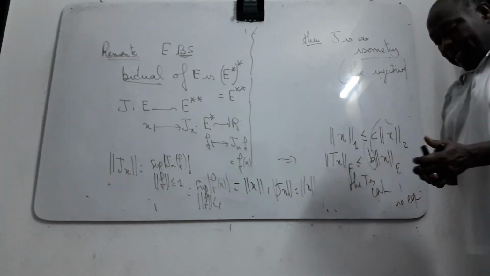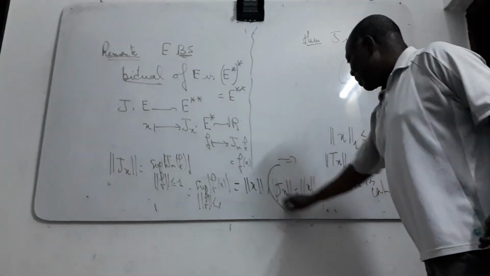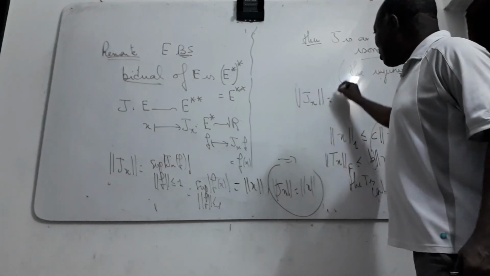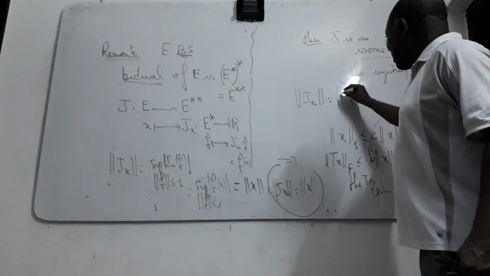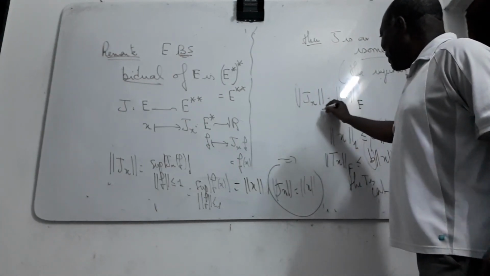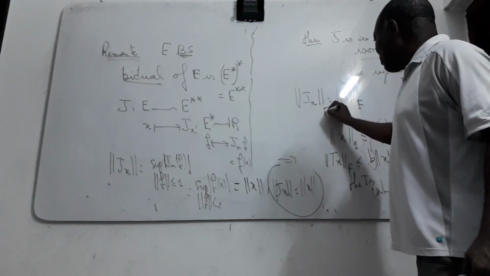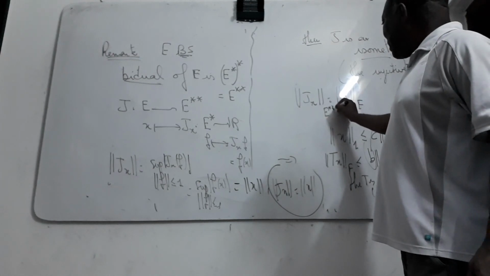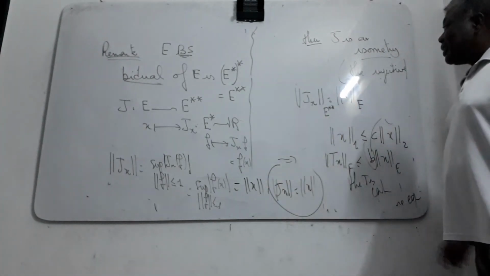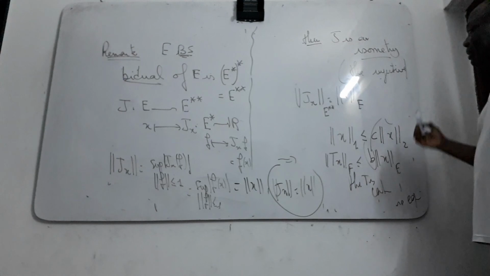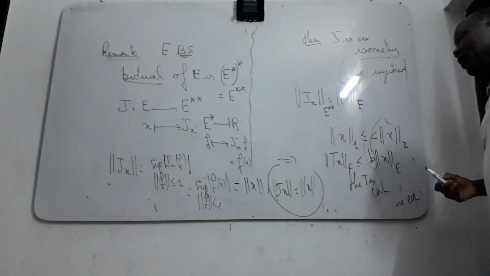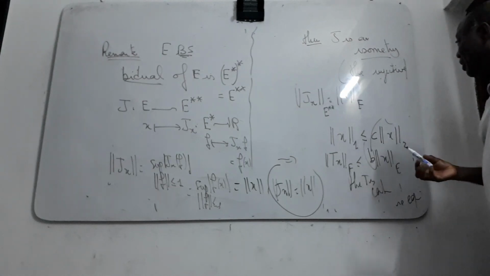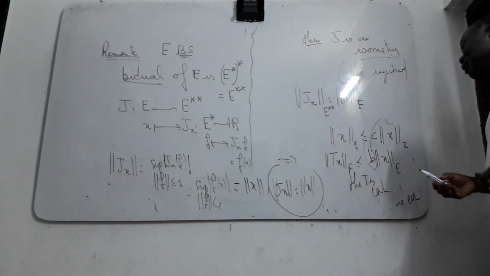Here you are in E, here you are in the bidual, with the norm on the bidual. Then it's an injective isometry, but not necessarily surjective. When you study the reflexive functional spaces, you study the case where it's surjective.